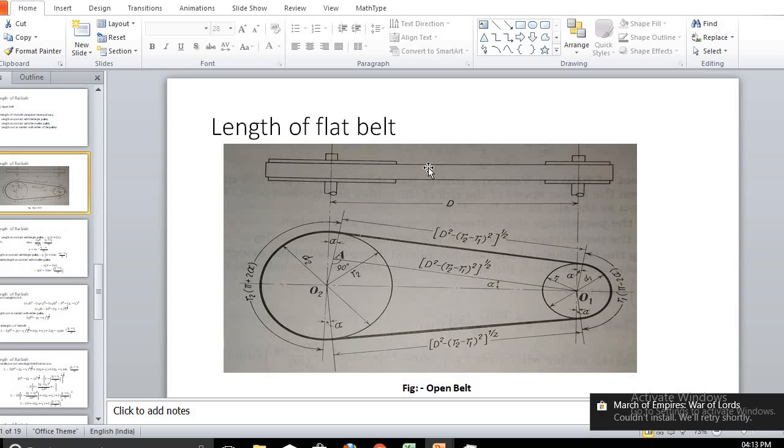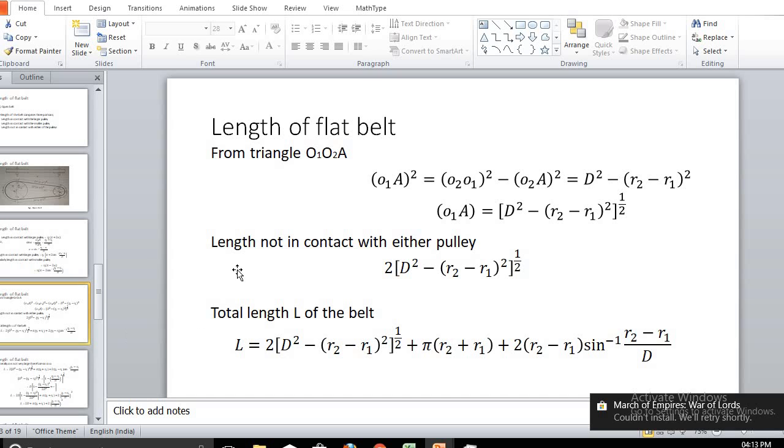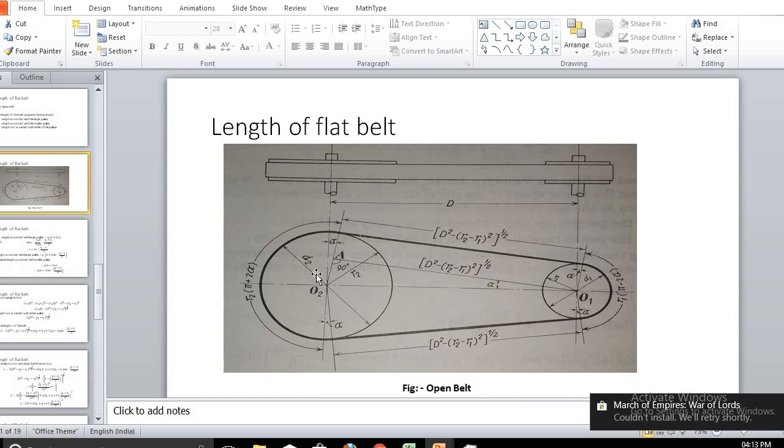These are arranged for parallel shafts. And we obtain this length by the summation of these three parts: the arc lengths, and the non-contacting belt part. Now we will obtain the length of that particular belt.